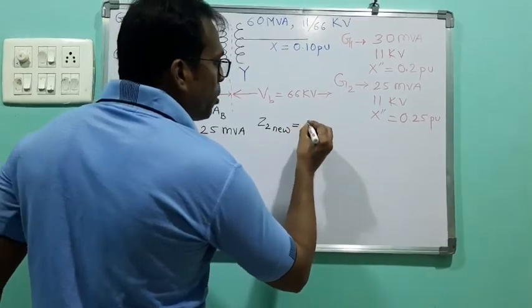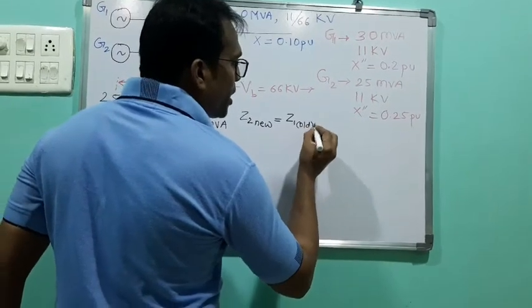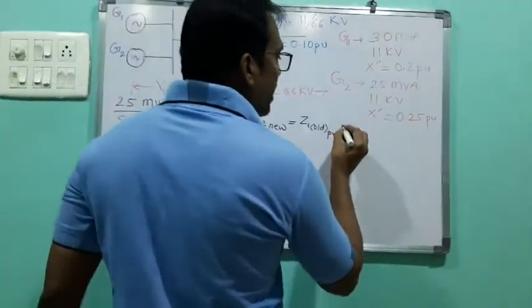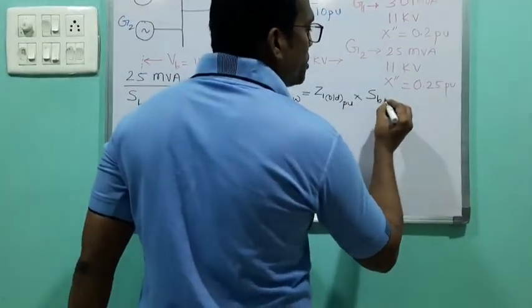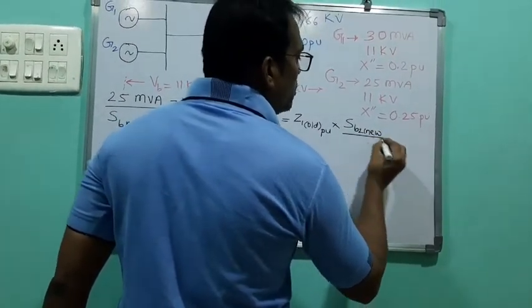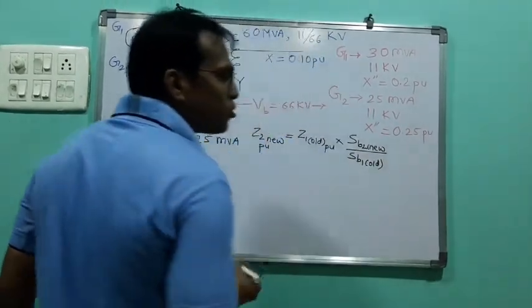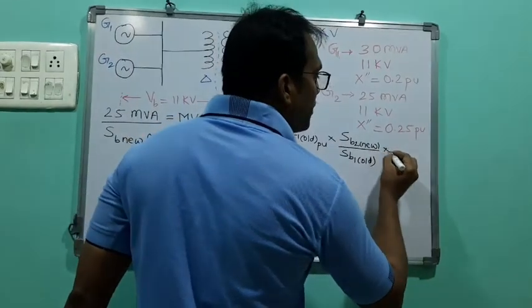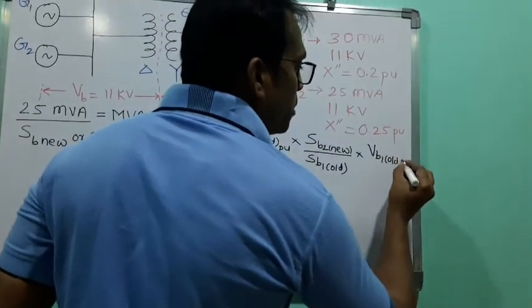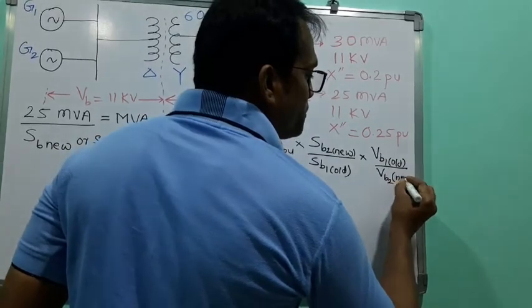The formula is Z1, that is the old one, in per unit, multiplied by SB new, or SB2, divided by SB1, that is old, multiplied by VB1, that is the old value, divided by VB2, that is the new value.